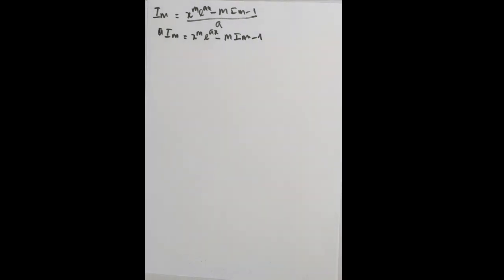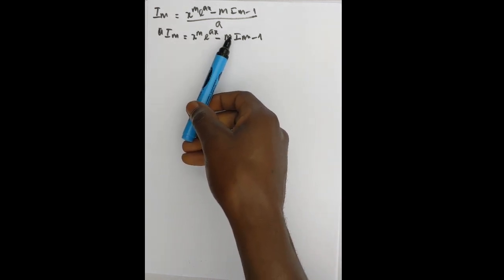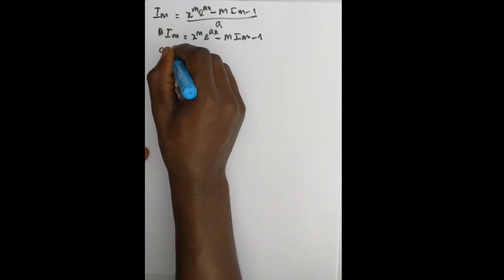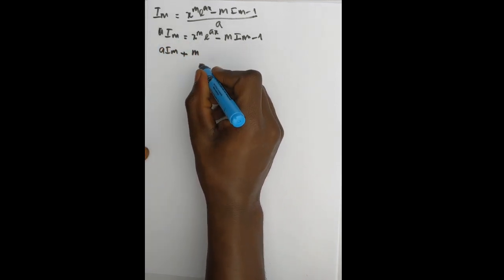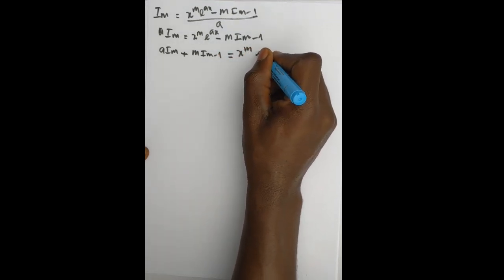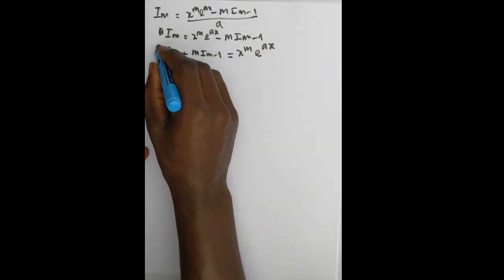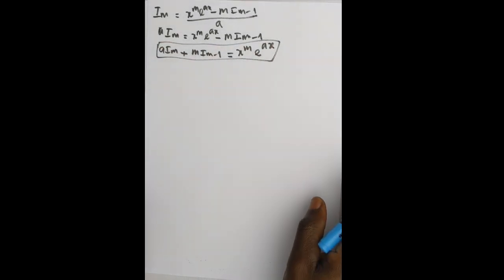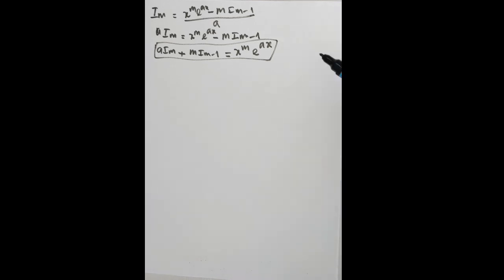To get the requested formula, I have to move this m Im-1 here so that I get a Im plus m Im-1 to be equal to x power m e power ax. This is the equivalent we want to show. So this is how we can prove this reduction formula from the given integral containing the power of m.